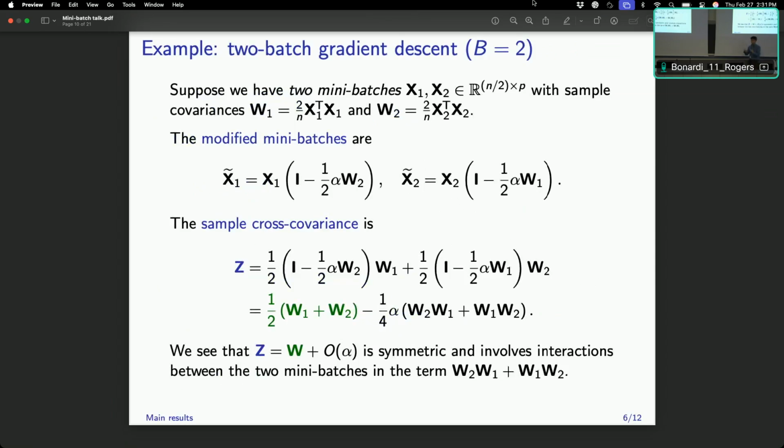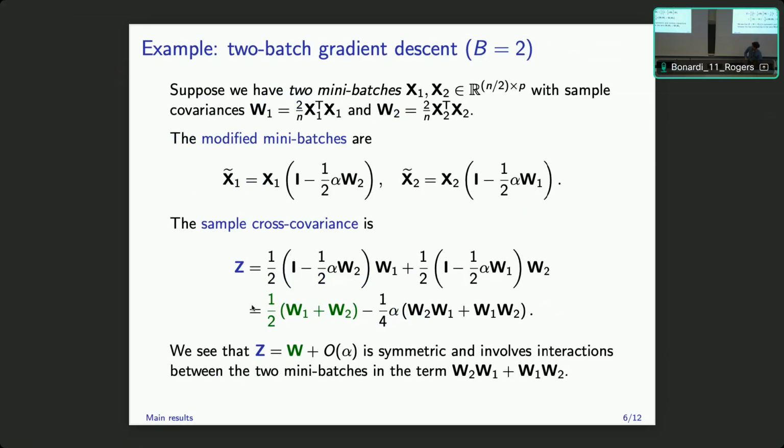To illustrate the more abstract definition, it's easier to look at what they look like concretely in the two-batch case. So we fix b equals 2 and plug in the formulas. You can see x1 tilde is just x1 multiplied by the identity matrix minus alpha times w2. And the second thing is that z looks like this.